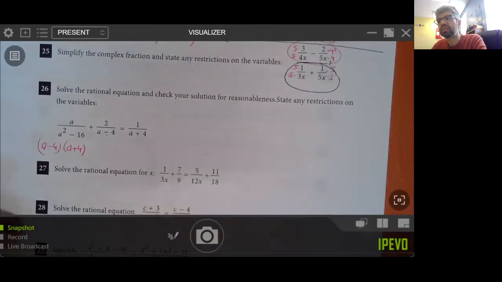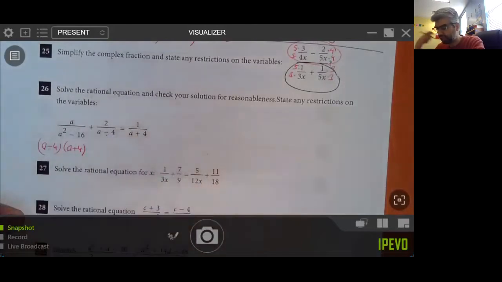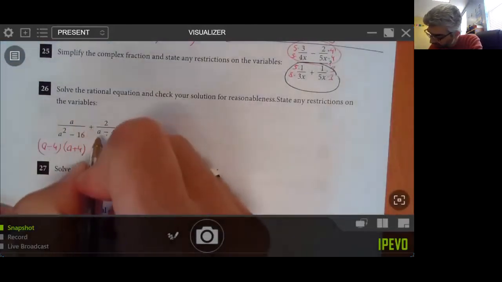Here we have to pay attention to that one. Common denominator must have all the fractions on the left side or on the right side of the equations, okay? So there are two ways here. So as I did before, I can multiply each fraction by the necessary factor. So for the second one, I need a plus 4.